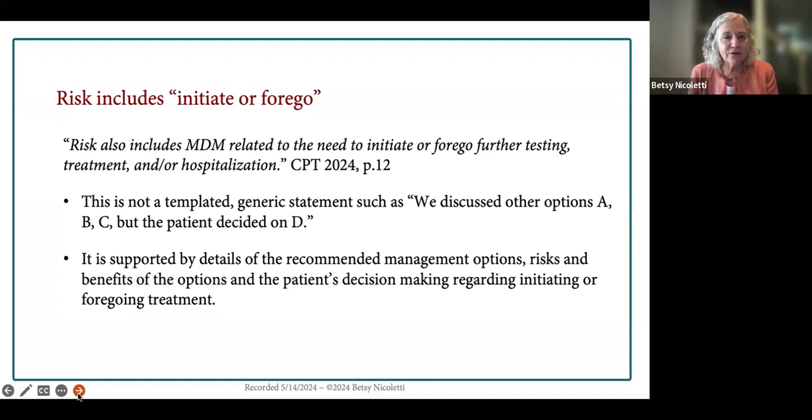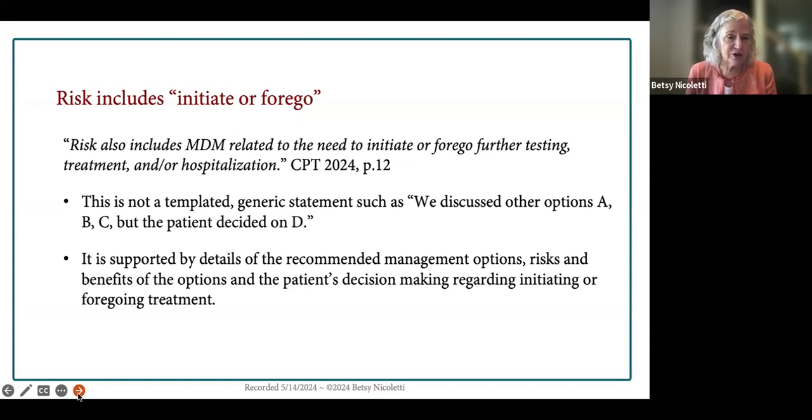We're going to consider this initiate and forego because this is included in the risk when it's supported by details of the recommended management options, risks and benefits of those options, and the patient's decision-making regarding initiating or foregoing treatment.